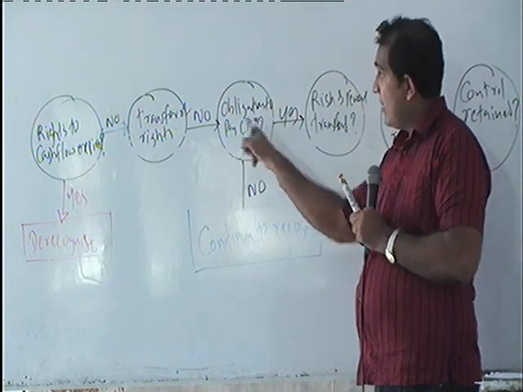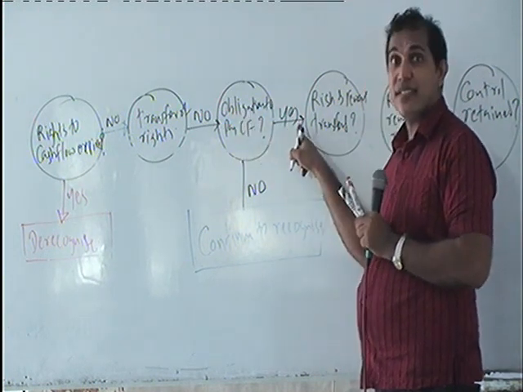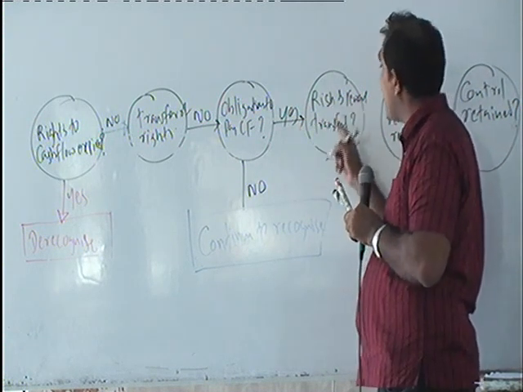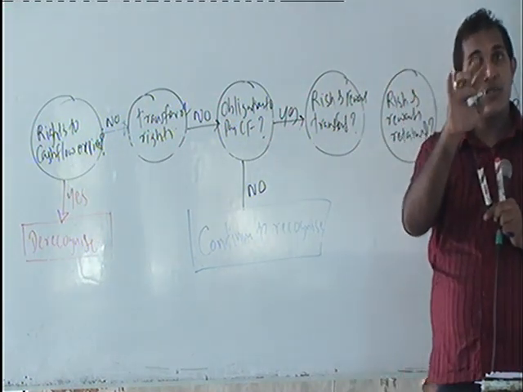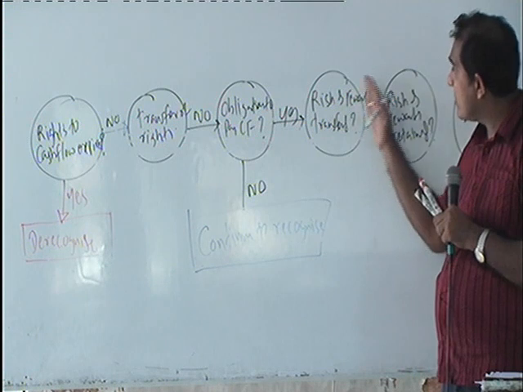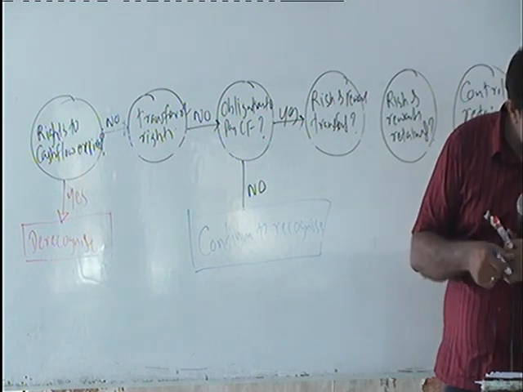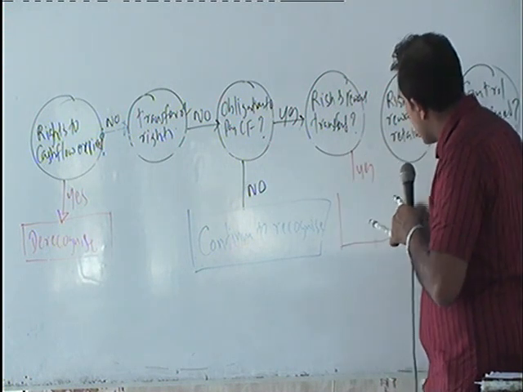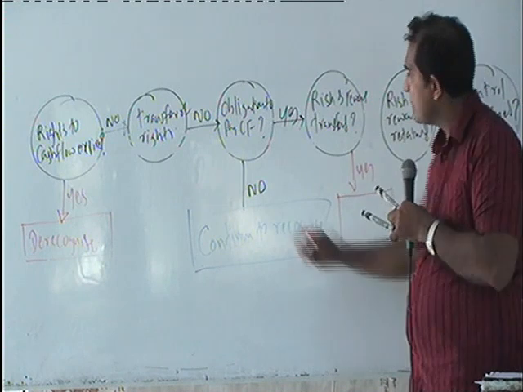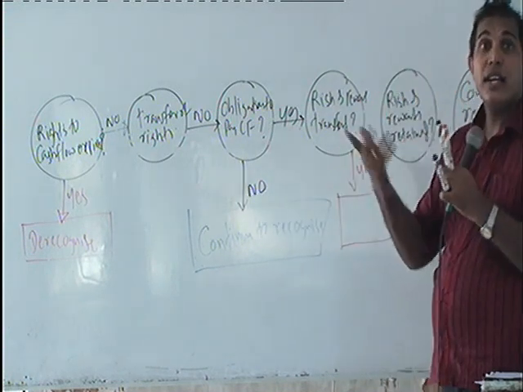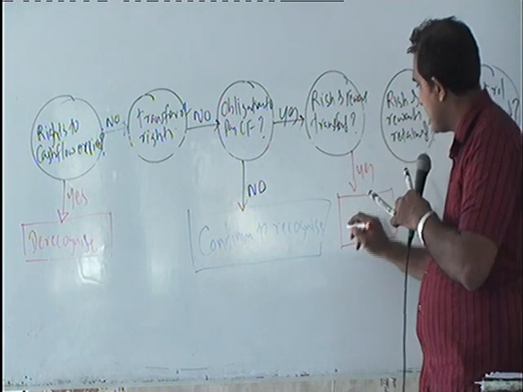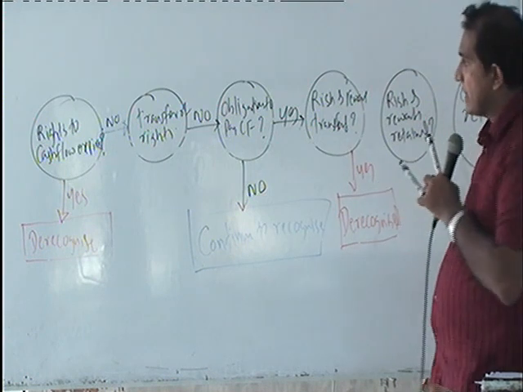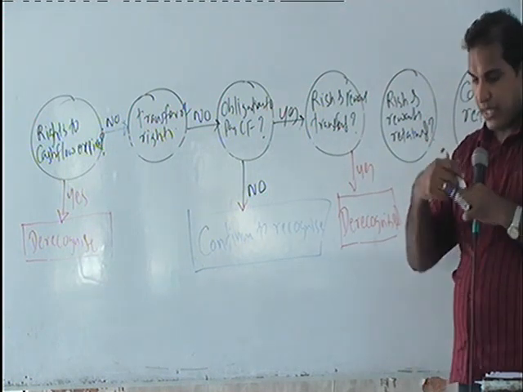But here, obligation to pay cash flows, yes. Then we need to check risk and rewards transferred. There also we have two options, yes or no. Risk and rewards transferred. What are the answers? If yes, derecognize, right?